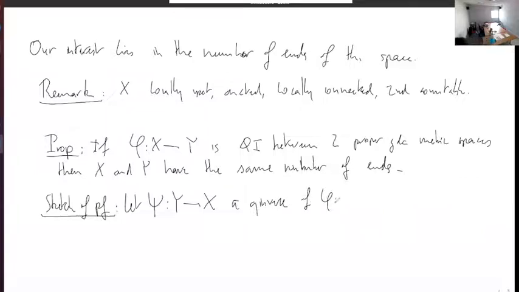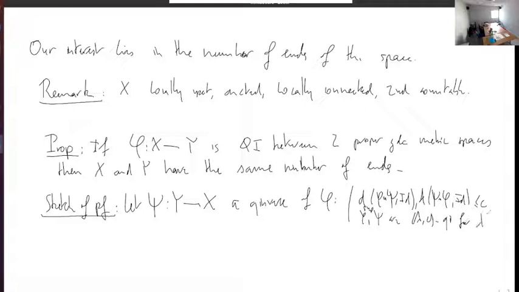Let me remind you that this means that the distance between the composition phi composed with psi and the identity is bounded by a constant C, and also if you go the other way around, this is bounded by constant C, and both phi and psi are (lambda, C) quasi-isometries for some constants lambda and C. Okay?